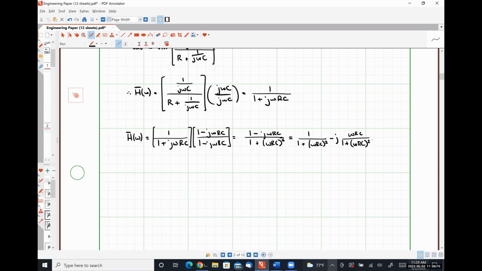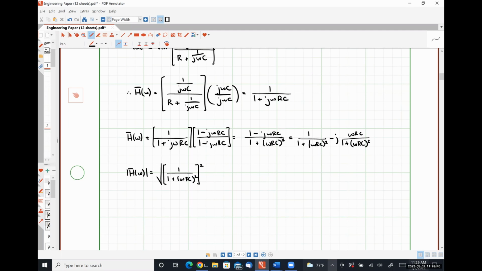Now, I know that the magnitude of H of omega is the square root of the real part squared, so there's my real part.